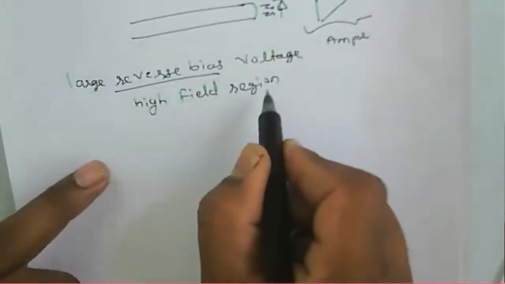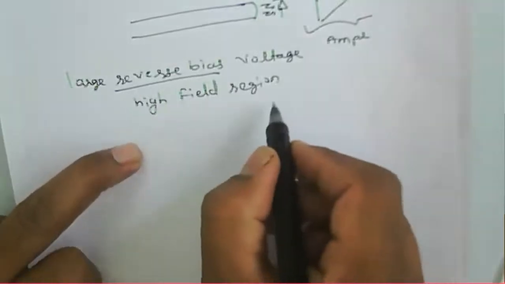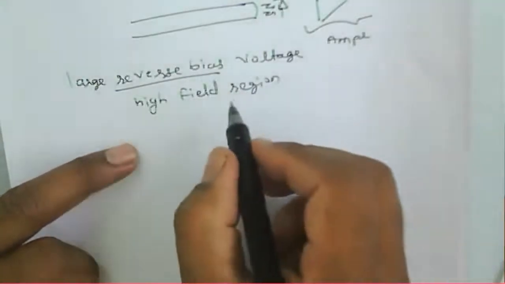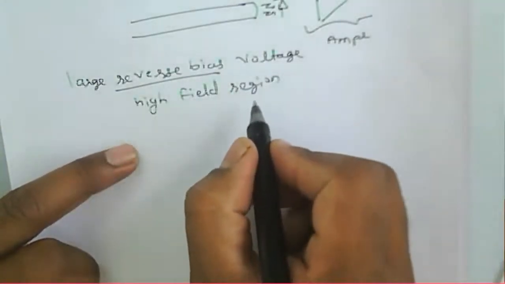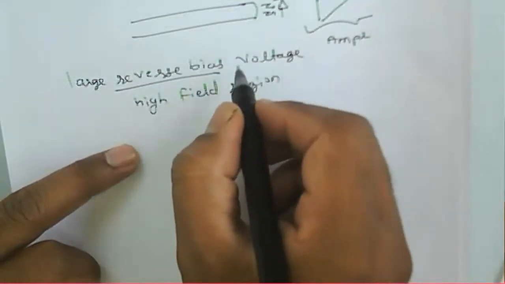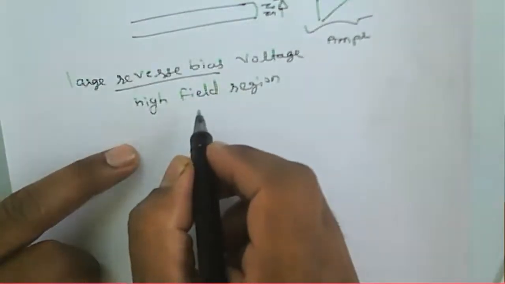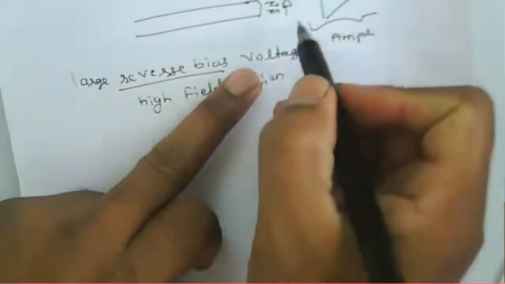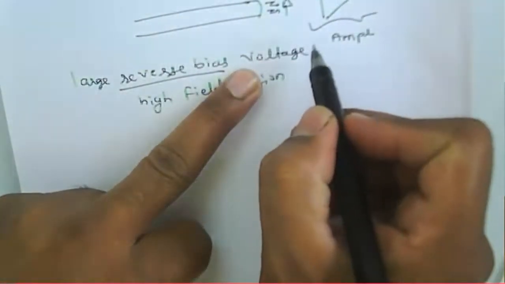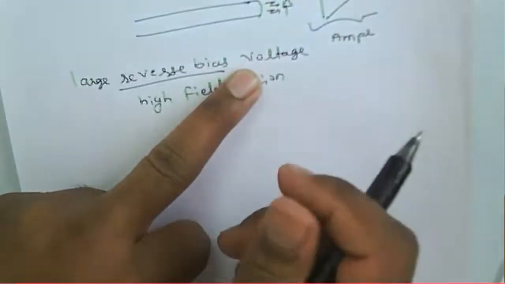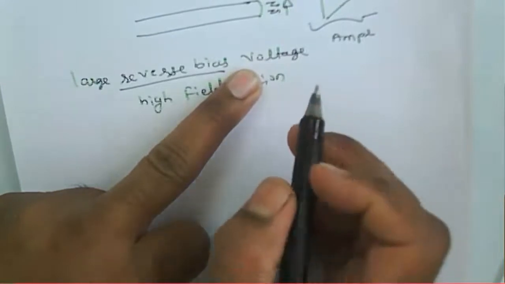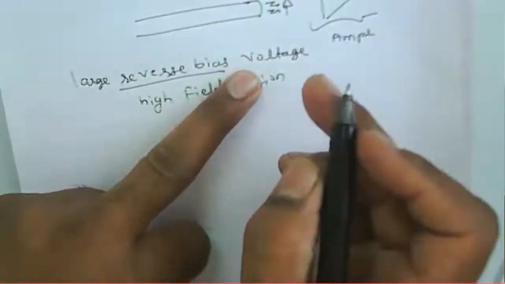Because of this high field region, it will accelerate the photon-generated electrons, and they acquire kinetic energy, and then they collide with the bonded electrons in the valence band and create a secondary electron-hole pair.